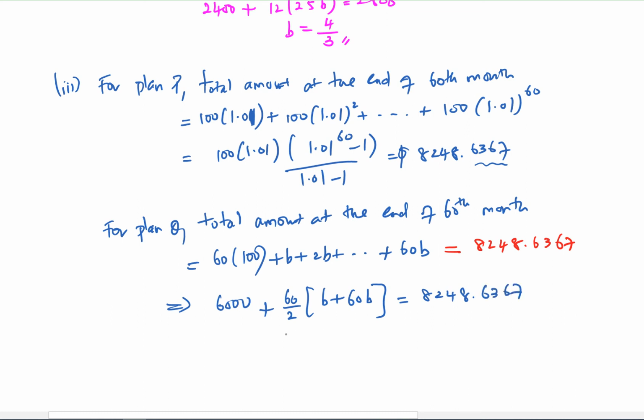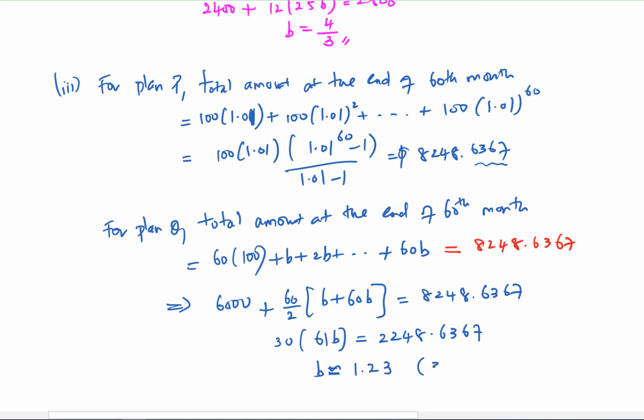And if I solve for it, I have 1830B equals 2248.6367. Actually, if I solve using a GC, B will be approximately 1.23.